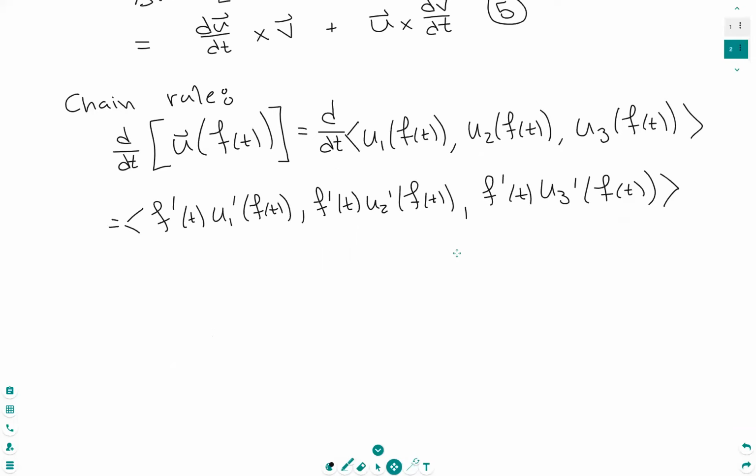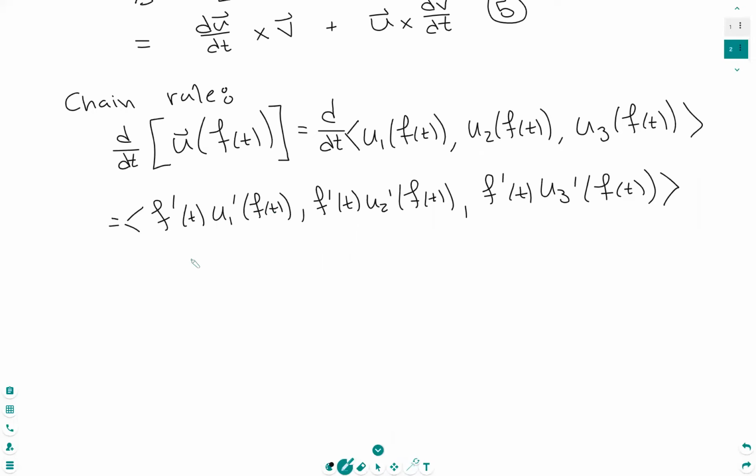All right, so back to the chain rule. We just use the scalar version of the chain rule for each of our components here. Now they all share an f prime in common. So I can write that as f prime of t multiplied by u prime with f of t in it.